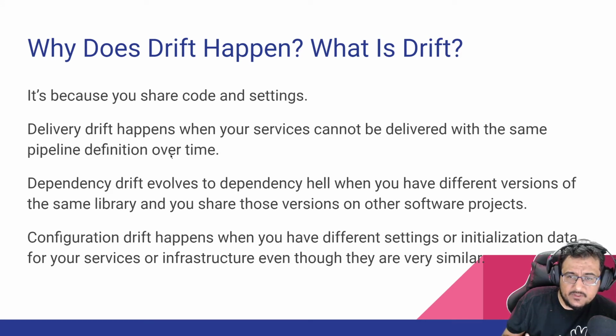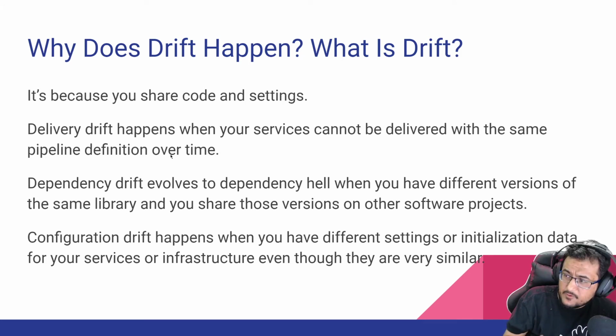Delivery drift happens when your services cannot be delivered with the same pipeline definition over time. What happens when you create a new stage in your library that is going to do security vulnerability scanning? If you just enforce it with a shared library and you're always using the latest version, most of the microservices will fail to deploy because they will have one vulnerability or another.